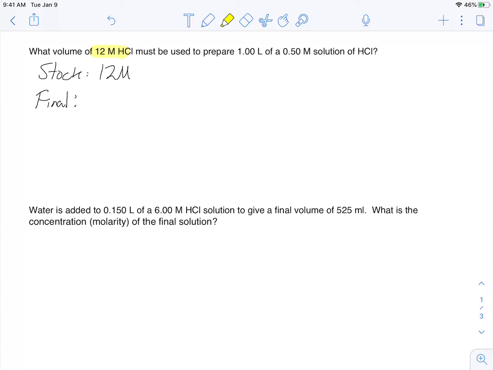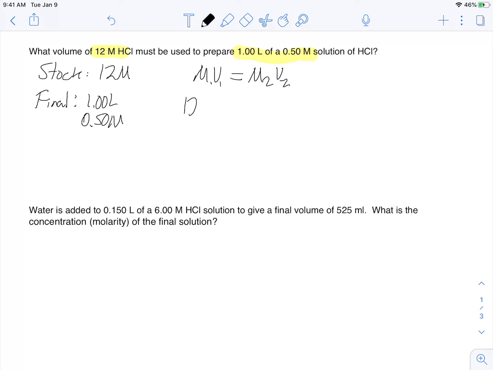Now, for the final, what are we trying to make? We're trying to make 1 liter of a 0.5 molar solution. So I know two things there. So for final, I'm going to know 1.00 liter, and I'm also going to know 0.50 molar. So once we know stock and final, let's go ahead and set up our M1V1 equals M2V2.